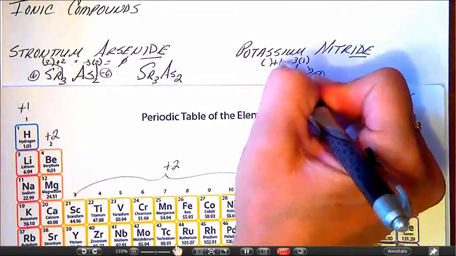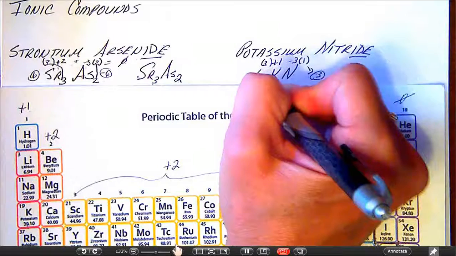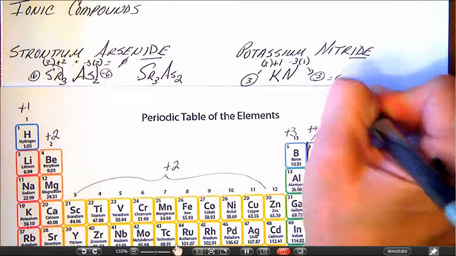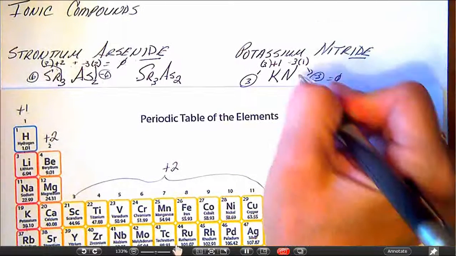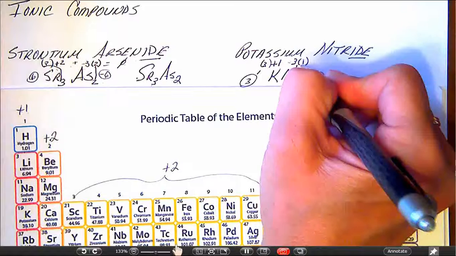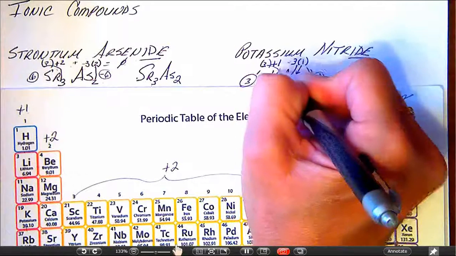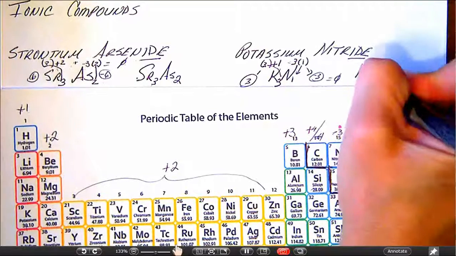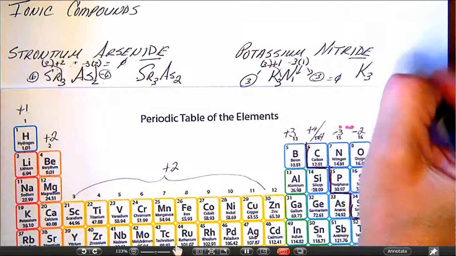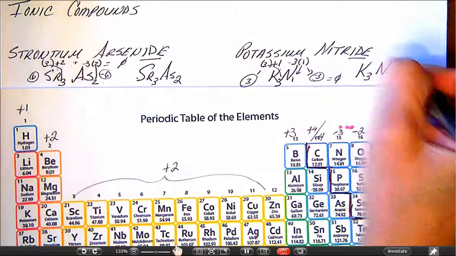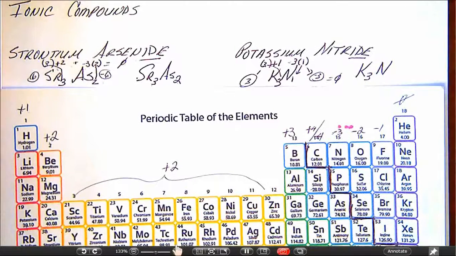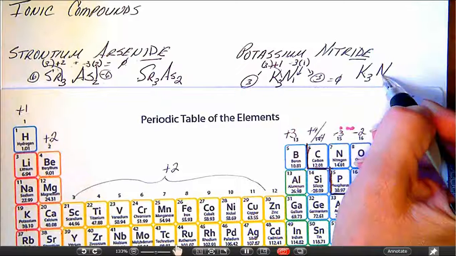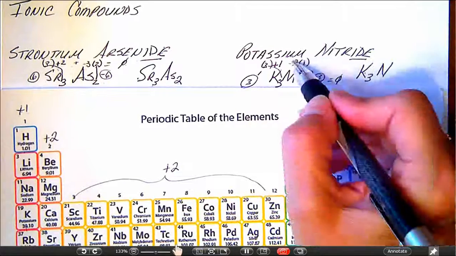If you did 1 times 3, you're going to get a +3, and they'll cancel out and equal 0. So we'll move those numbers down. There's the 1, and squeeze that 3 in there. And again, written clearly, K3N, because that 1 is implied. So again, this means we have 3 potassium atoms and 1 nitrogen atom for every potassium nitride molecule.